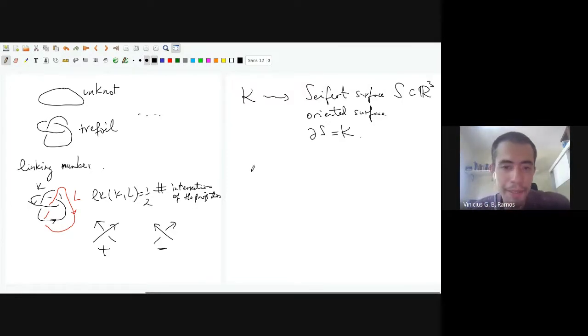And then the linking number of K and L, you can think of this, or by one of the definitions, or you can prove using this definition, is the intersection number between S and L.